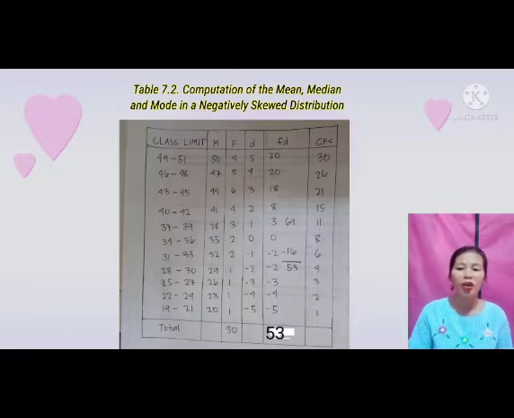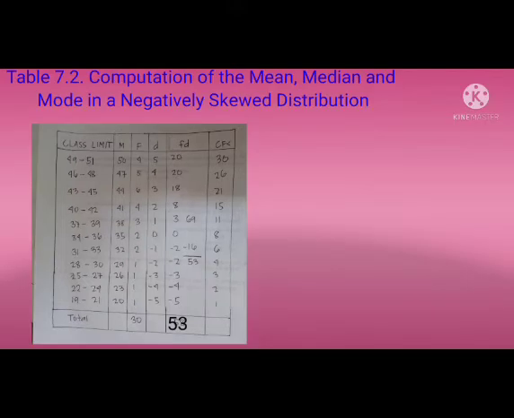In the second column, the M or midpoint. In the third, the F or frequency. In the fourth, the D or deviation. In the fifth, the FD or frequency times deviation. And the last column is the cumulative frequencies lesser than.